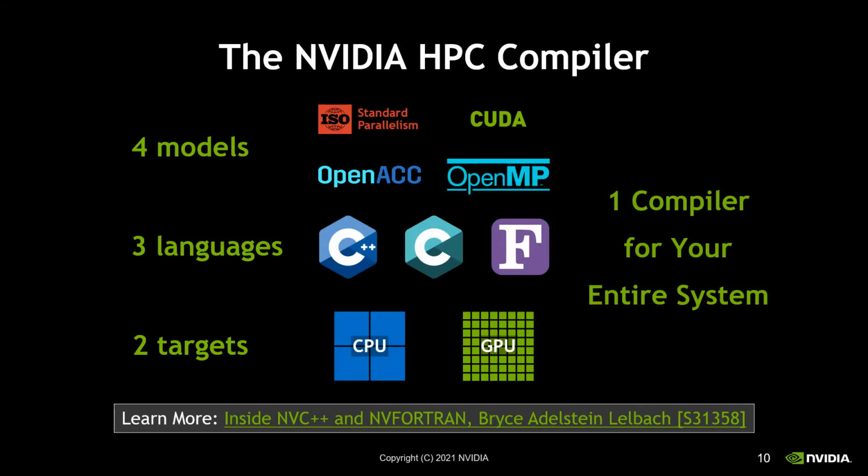Now, we're taking the NVIDIA C++ standard library one step further and bringing it to the NVIDIA HPC compiler, NVC++. The NVIDIA HPC compiler is a single interoperable toolchain that supports all major intranode HPC programming paradigms: 4 programming models, standard parallelism, CUDA, OpenACC, and OpenMP, 3 programming languages, C++, C, and Fortran, 2 targets, multi-core CPUs and NVIDIA GPUs.